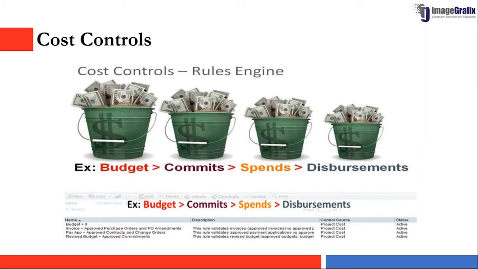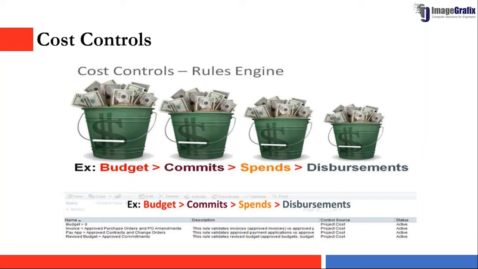We can create basic rules such as: commitments, your POs and contracts, cannot be greater than your budgeted value; your spends, your invoices, cannot be greater than your commitments; and your payments cannot be greater than your invoices, right?